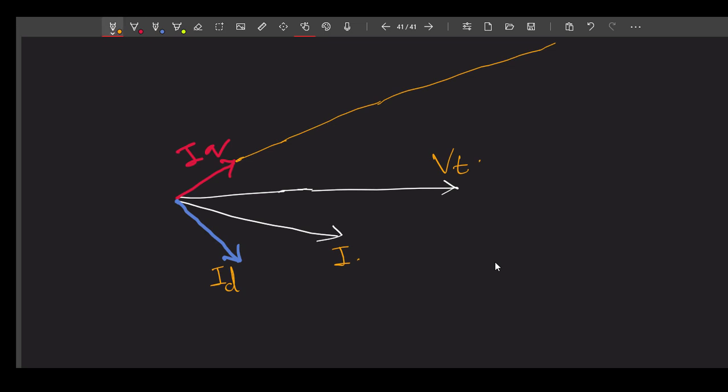Now, as said, r is equal to 0. So, if r is equal to 0, we will have no IR. So, what we will have?